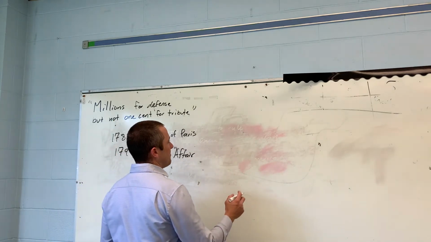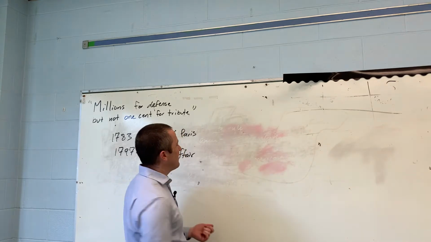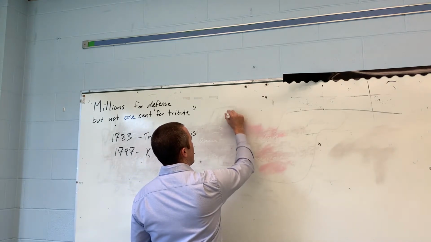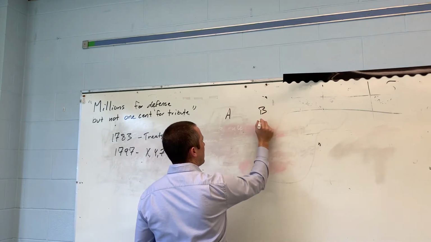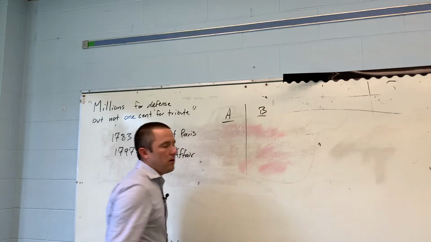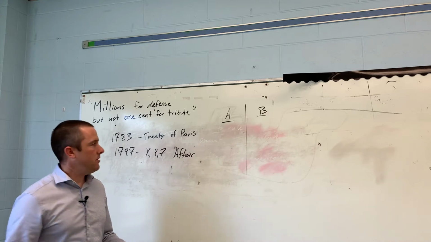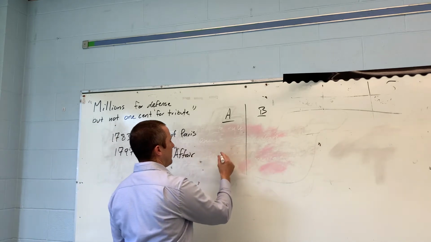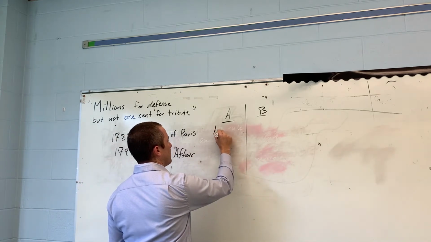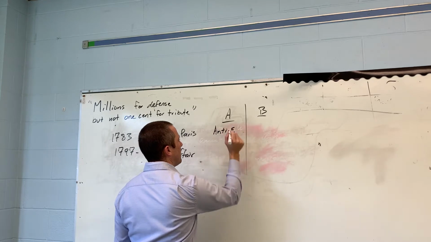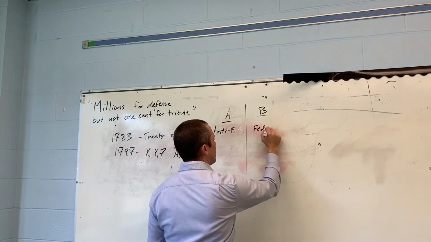And that is the difference between, we'll say, side A and side B. They're not A or B for any particular reason, just to differentiate them. This is, let's say, the anti-federalist side. And this is the federalist side.